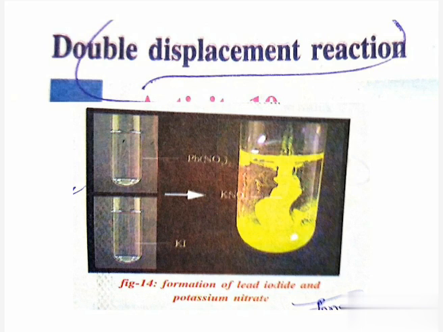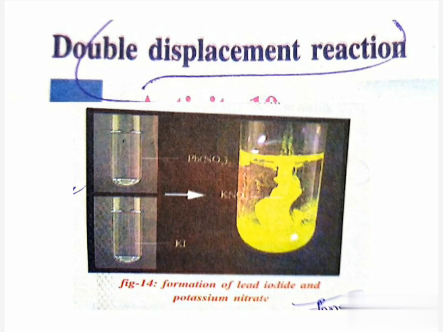So we took lead nitrate and dissolved it in 5.0 ml of distilled water in one test tube, and then we took potassium iodide and dissolved it in distilled water.